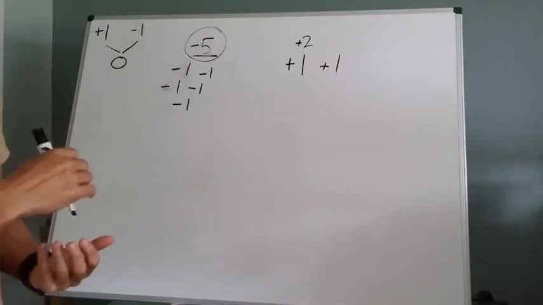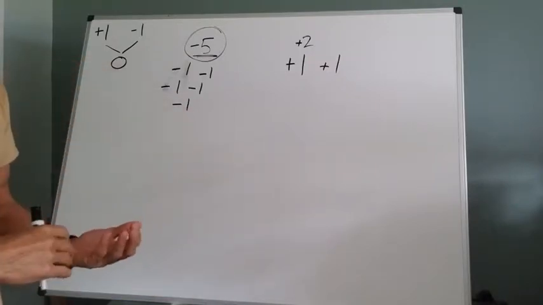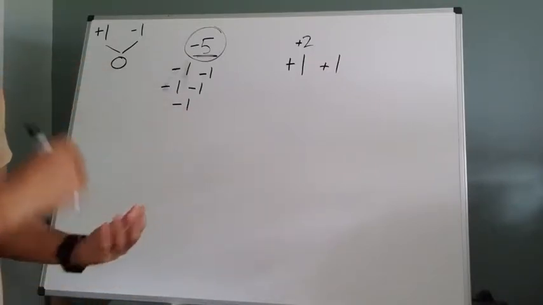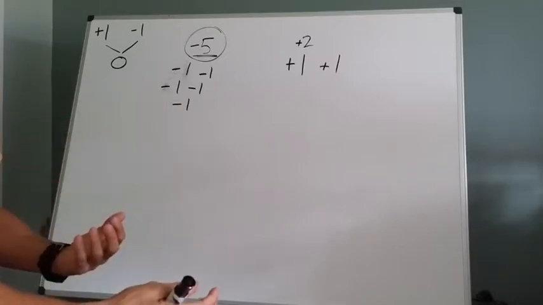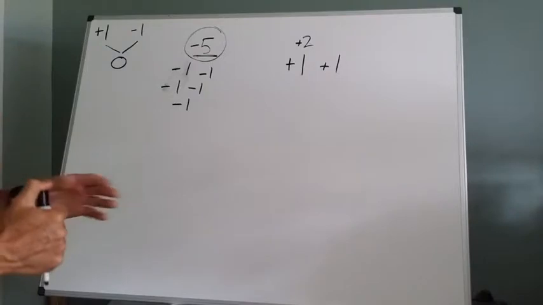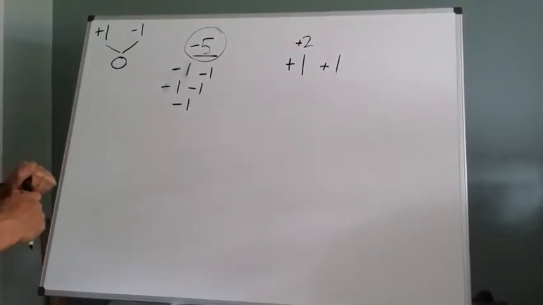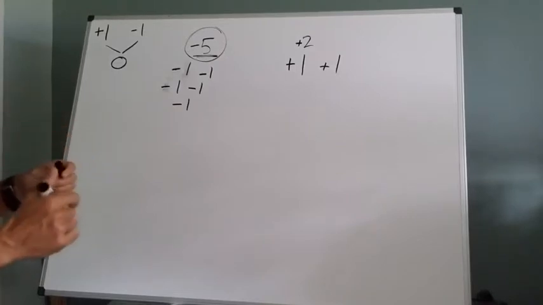But then if your next card is move back 1, -1, then now you're back at 0. Football is the same way. If you're on the 0-yard line, you gain a yard, you're on the 1-yard line, you lose a yard, you're back on the 0-yard line. So again, you've got to understand this concept right here. +1 plus -1 cancels out, becomes 0.